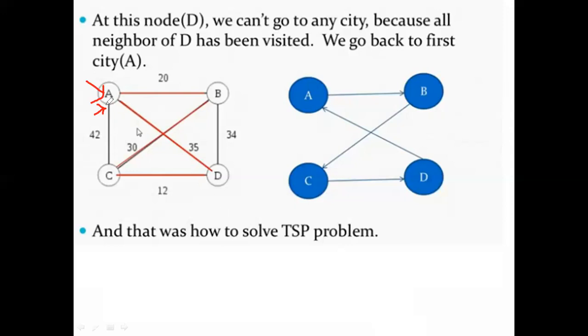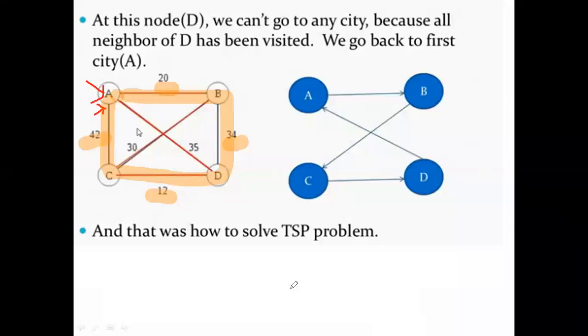If you choose A to C, how can you solve this problem? A to C, C to D, D to B, B to A. So what is the cost? 42 plus 12 plus 34 plus 20. Again, we reached A. Okay.